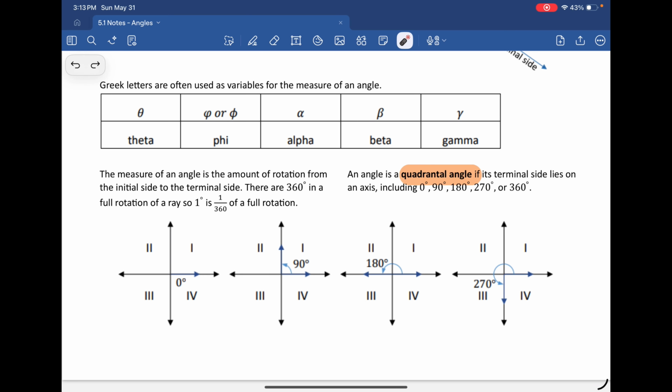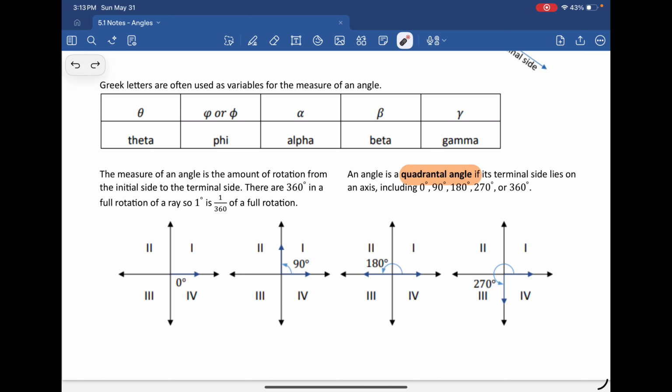And we've got 90 degrees, which is 1/4 of a rotation. Initial side, terminal side, that's the positive y-axis. 180 degrees, initial side, terminal side, that's the negative x-axis.